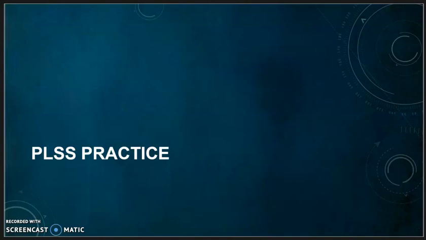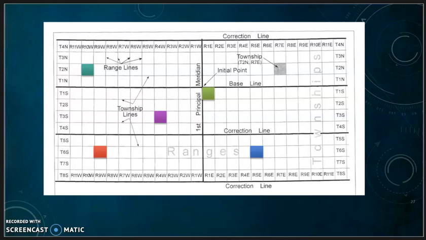Okay, so let's do a little bit of public land survey practice. If we're looking at different sections of a township and range grid, we have our first principal meridian here. We have a baseline, and then we can see our townships sectioned out here, and we have our ranges sectioned out on top here.